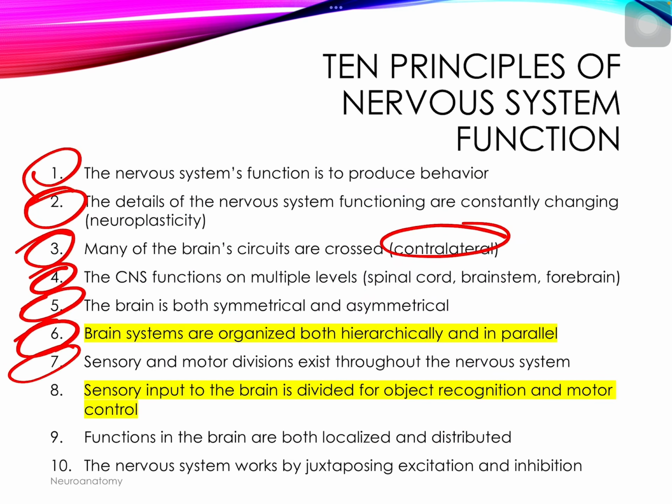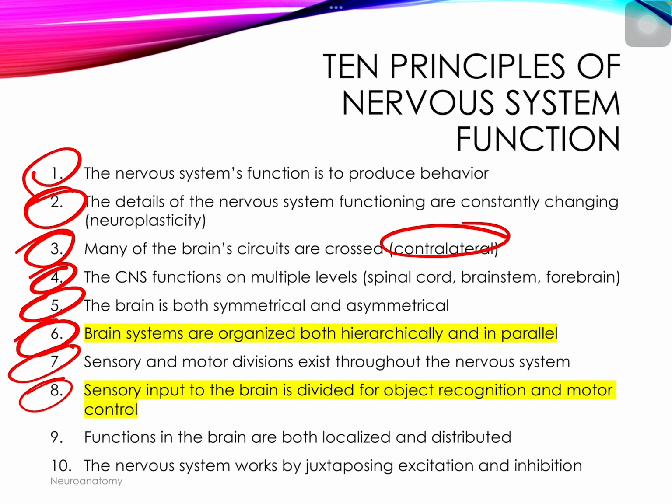So the sensory and motor divisions are all throughout the nervous system. It's not just localized in one particular area. We know it's throughout the spinal cord. It's the motor cortex, somatosensory cortex, the association cortex, premotor cortex, all of these areas and divisions are split up, and they all work together to allow us to move and experience our environment.